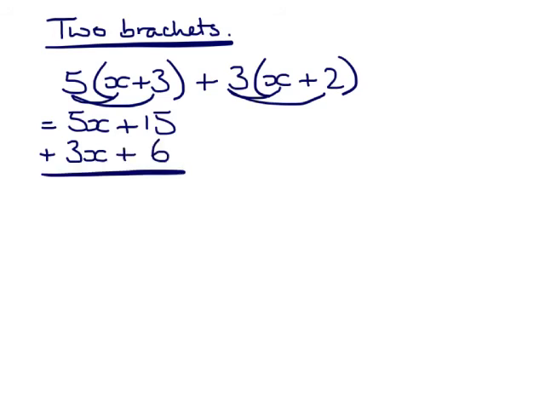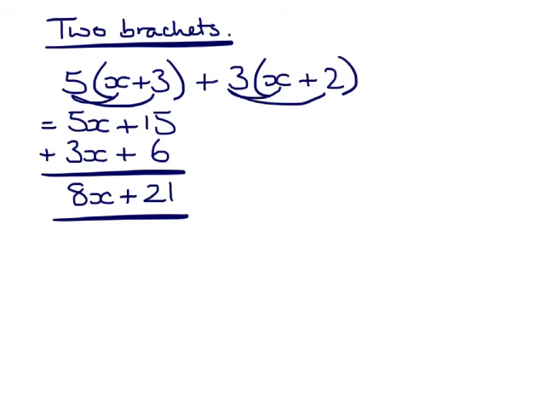All I now have to do is add them up. So I've got 5x plus 3x, which is 8x, and I've got 15 and a 6, which is 21.